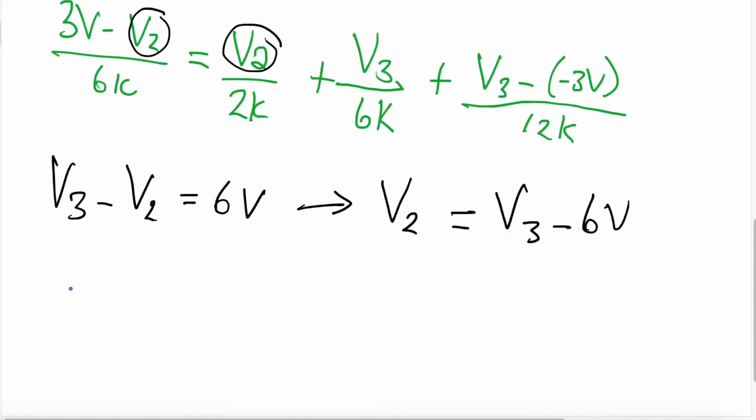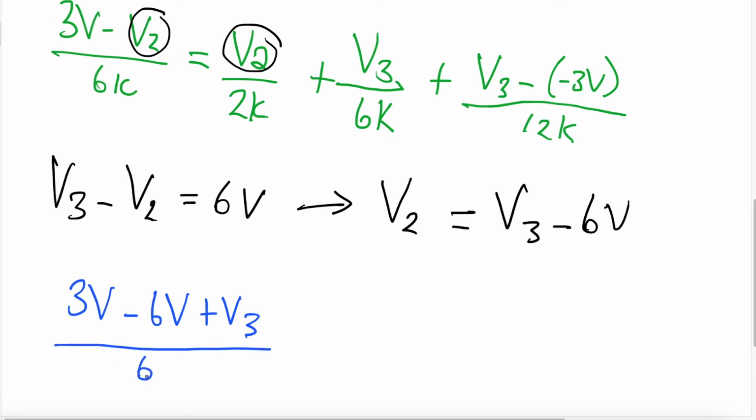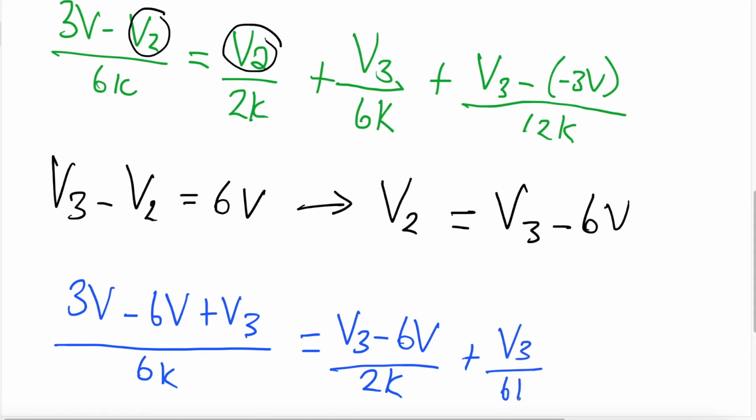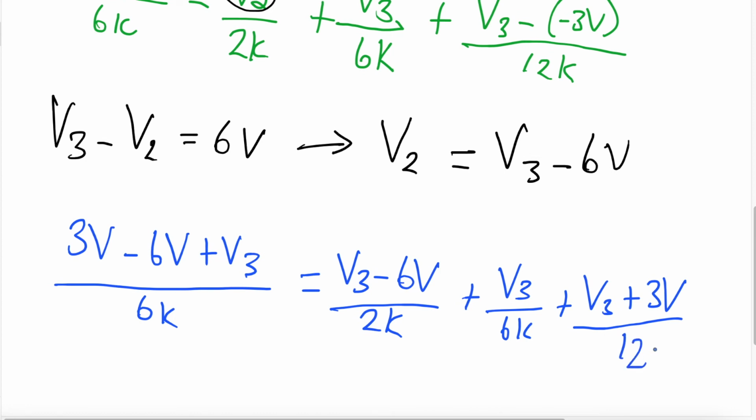We have 3 volts minus 6 volts plus V3 over 6K is equal to V3 minus 6 volts over 2K plus V3 over 6K plus V3 plus 3 volts over 12K. And that is the equation we get.